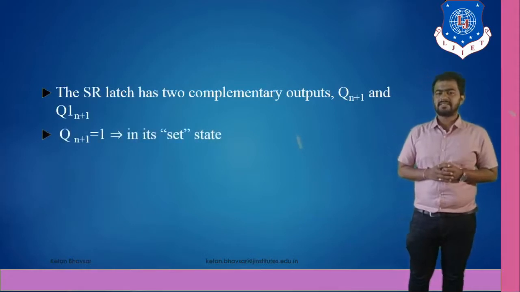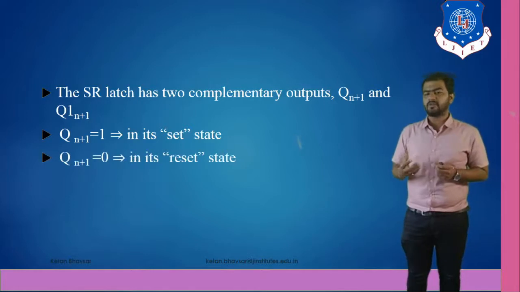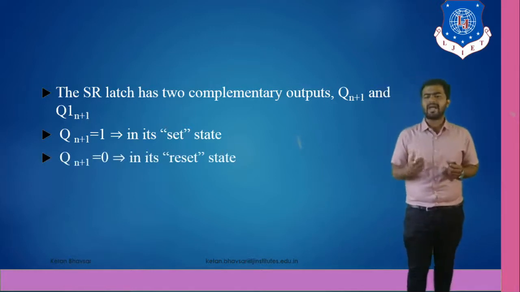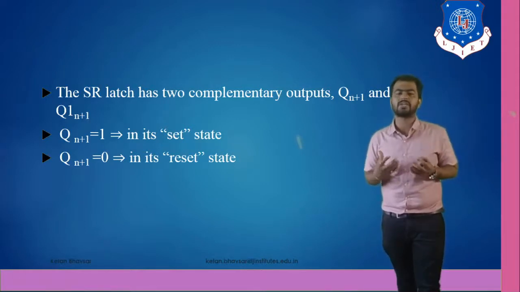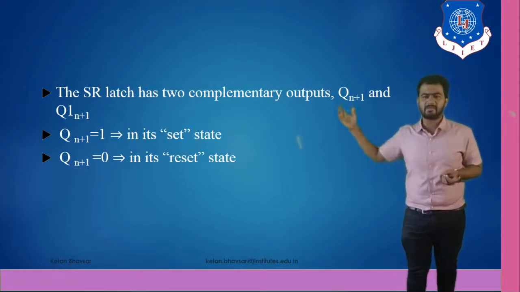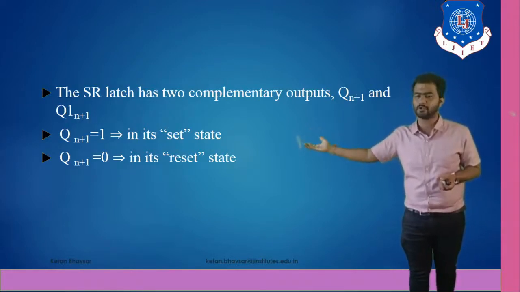Now, the SR latch has two complementary outputs, Q and Q bar. In some PPTs or books you can see Qn plus 1 and Q bar n plus 1. You just assume that Qn plus 1 is equal to Q and Q bar n plus 1 is equal to Q bar.